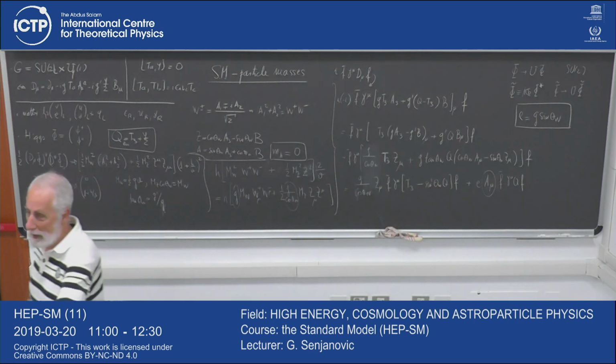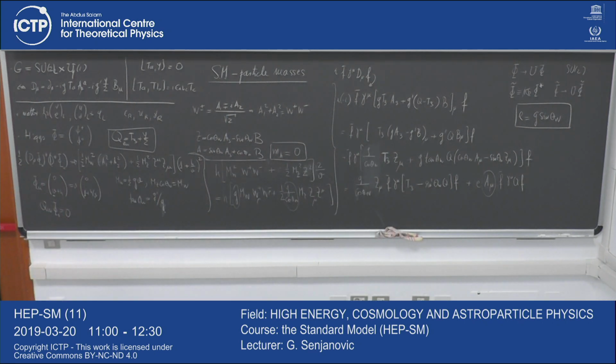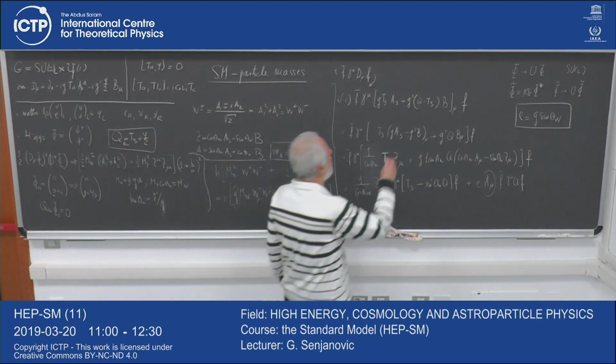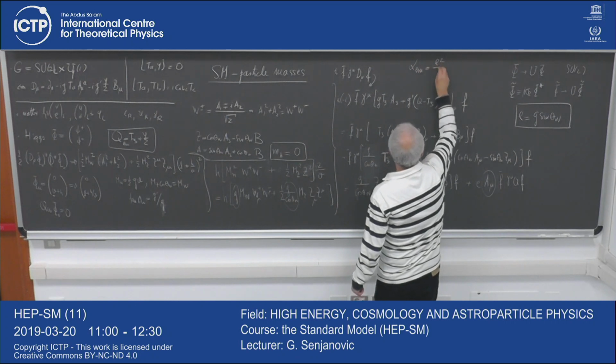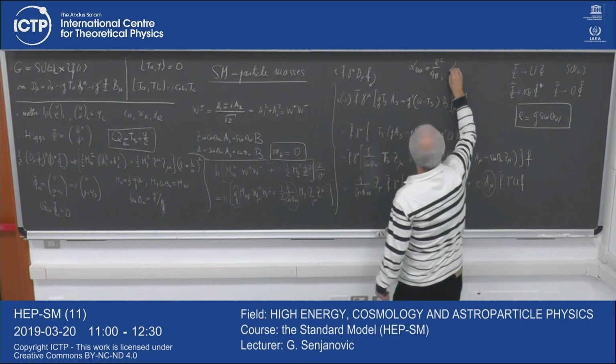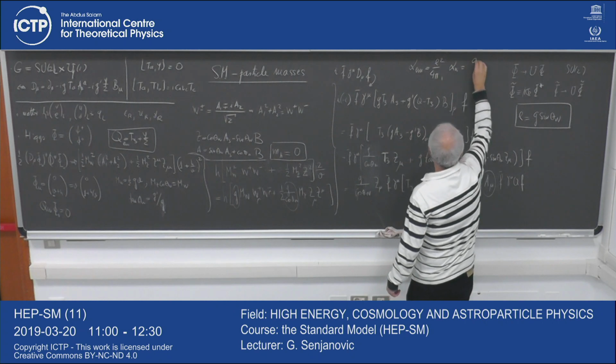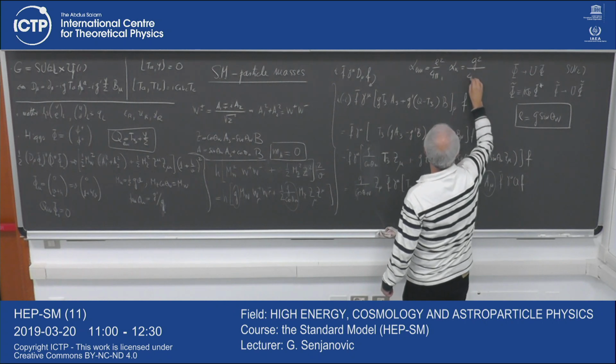So I will give you these numbers, the values of these couplings. There is alpha electromagnetic, which is e squared over 4 pi, and then we often introduce alpha weak, which is g squared over 4 pi.